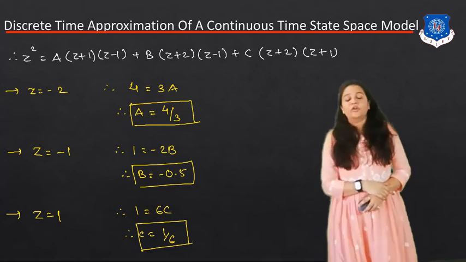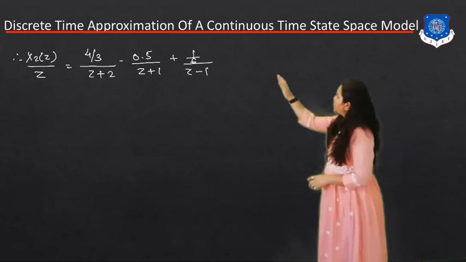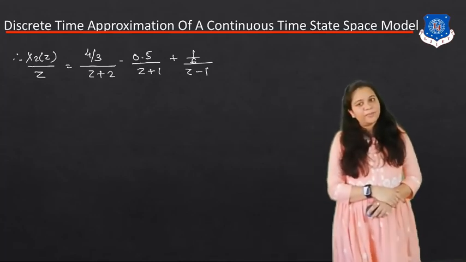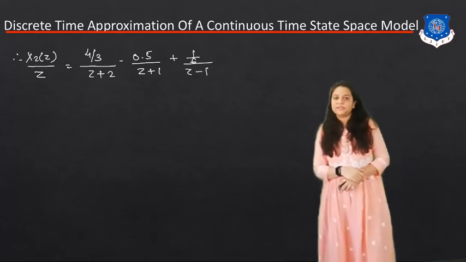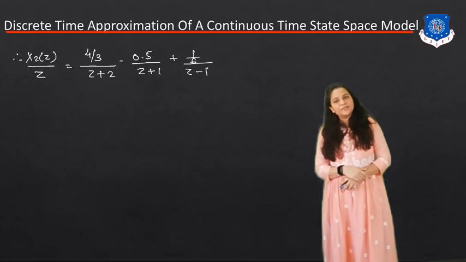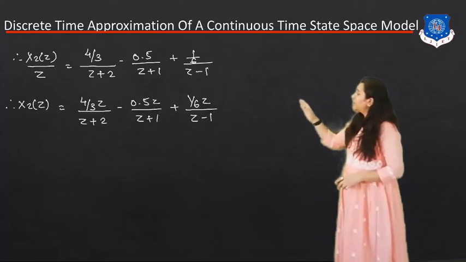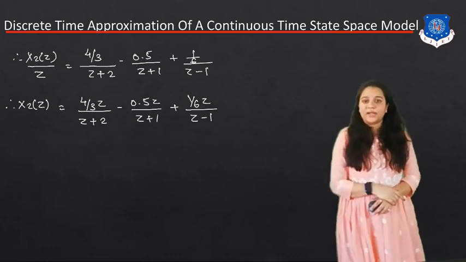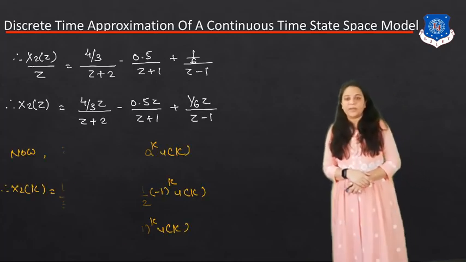Put the values of a, b, c in this equation, we can get X2(z) by z is equal to 4 by 3 upon z plus 2, minus 0.5 upon z plus 1, plus 1 by 6 upon z minus 1. So multiply with this z, we can get 4 by 3 into z upon z plus 2, minus 0.5 into z upon z plus 1, plus 1 by 6 into z upon z minus 1.